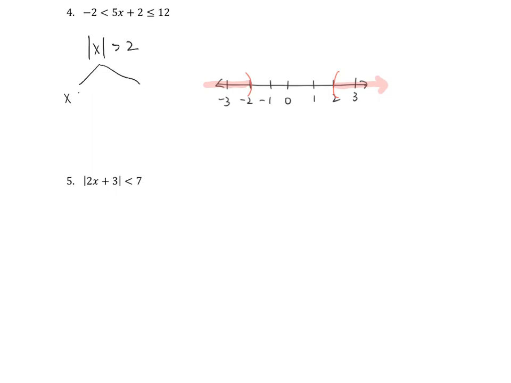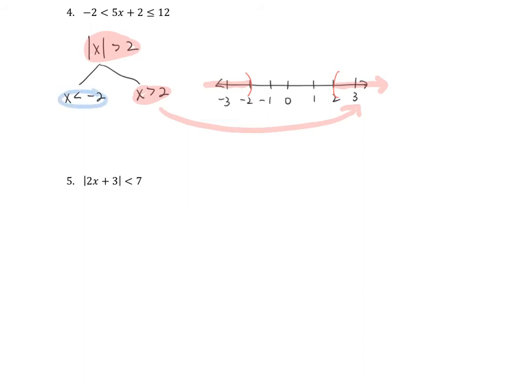Either x is less than negative 2 or x is greater than 2. You can see the second side stays exactly the same. You just take off the absolute value symbol. And this corresponds to this, right? x is greater than 2. That's what that says on the graph.